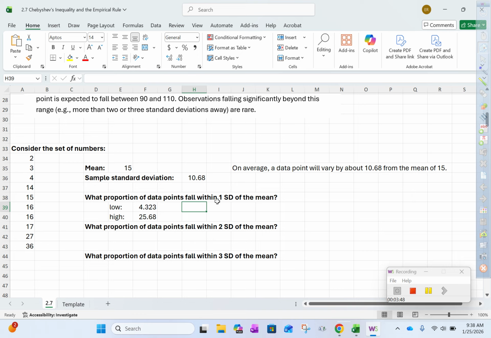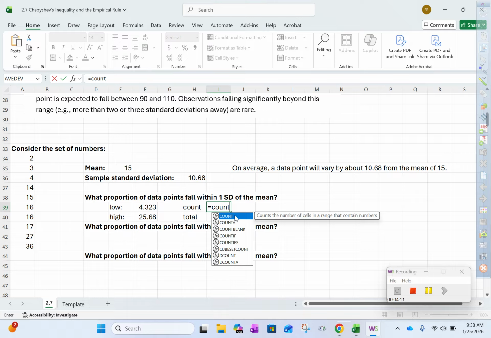So in general, you can find a proportion just like you can relative frequency, the count over the total. And remember, Excel has a built-in function, equals COUNT, that counts the number of cells. You can do it with a specific range with the COUNTIF function, but this one it's just really easy to look and grab.